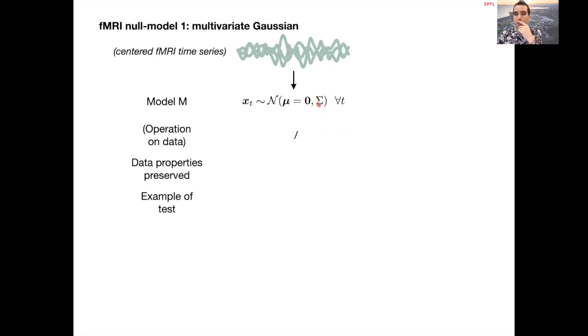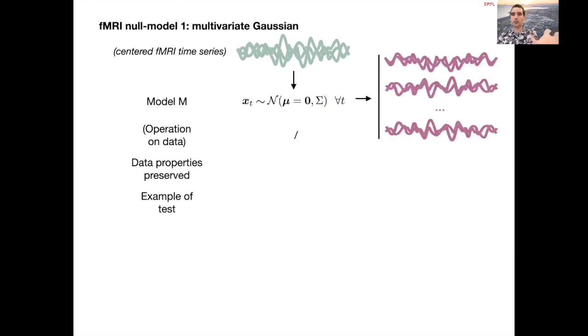That's a matrix of size n by n, where n is the number of regions of interest, and it encodes the correlation or the covariance of functional activity between each pair of regions of interest.